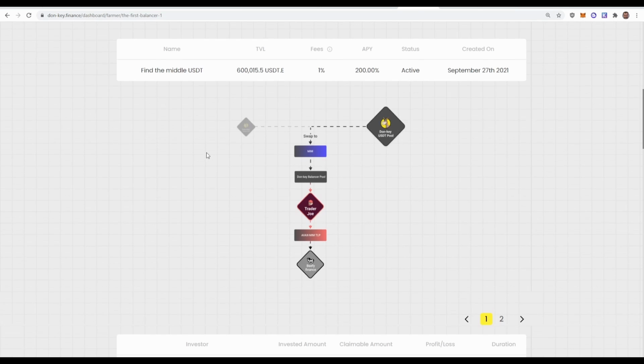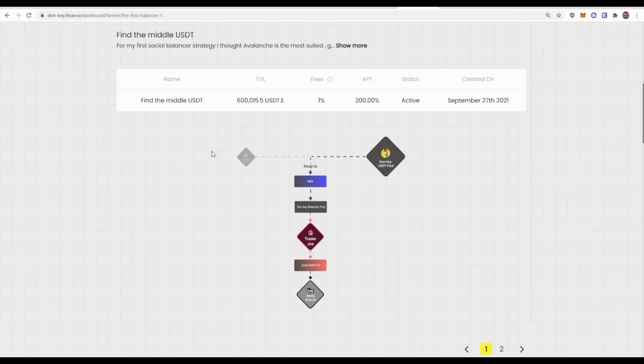Going back to the Donkey page, this basically allows you to farm at 200% APY, and it is mitigating impermanent loss and impermanent gain. Very cool idea. It's the first time I'm seeing this deployed anywhere, and this offers a lot of opportunity, right?